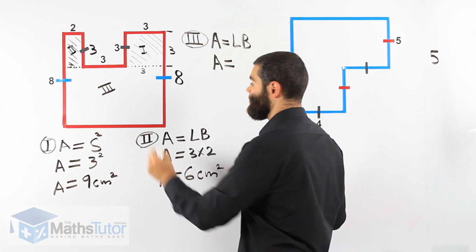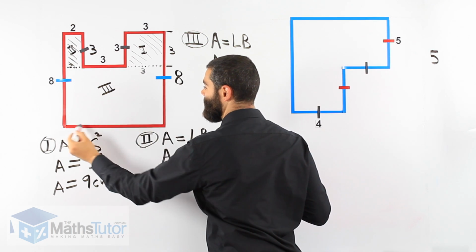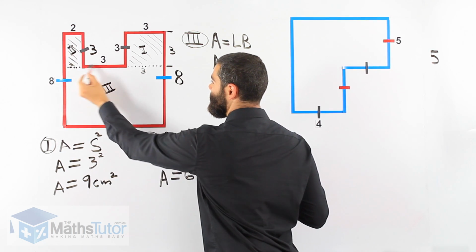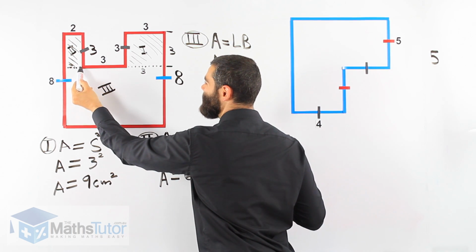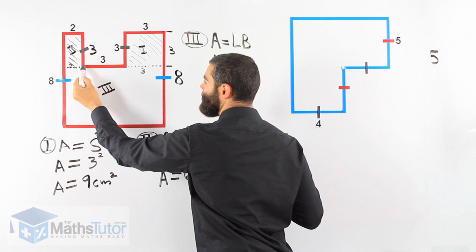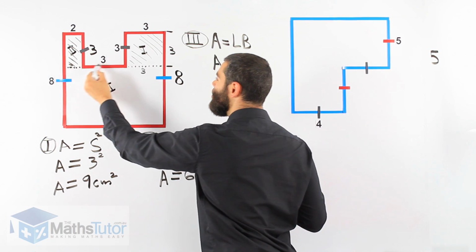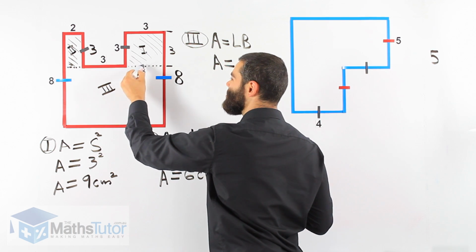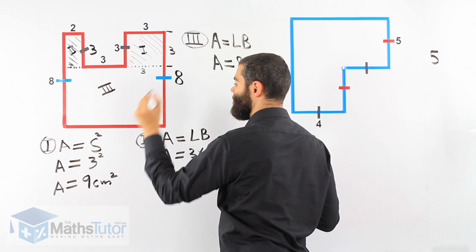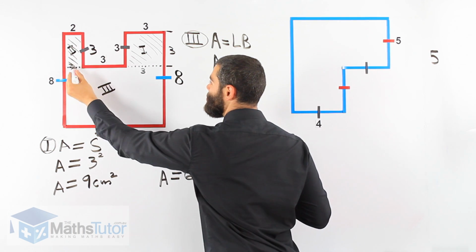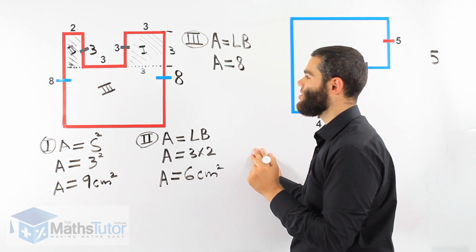We can tell that from here to there is the same as from here to there. That's our length. So 3 plus 3 plus the 2 on here. The whole length, 2 plus 3 plus 3, is 8. So this side is 8, and this side is also 8. So the length is 8.